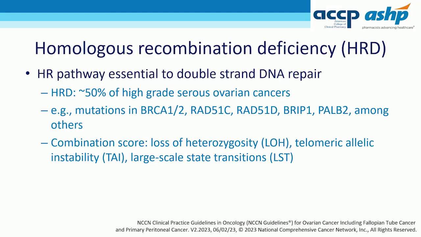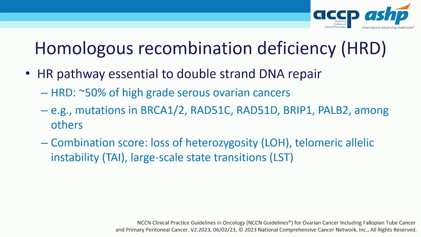I've also spoken a little bit about homologous recombination deficiency. So the homologous recombination pathway is basically a pathway that is essential for DNA repair. There are several genes that are involved in this pathway, some of which are BRCA1 and BRCA2, but also RAD51, BRIP mutations, PALB2 mutations, among others. So there is additional testing to be able to determine if somebody has a deficiency in this pathway.